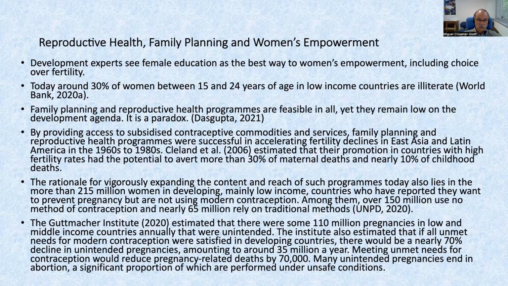So this Guttmacher Institute says that 110 million pregnancies in low and middle income countries are really unintended. So if they would have access to these methods, I mean, this is not forcing, this is really free access and let the women decide.